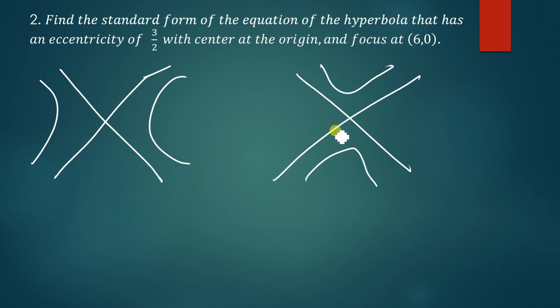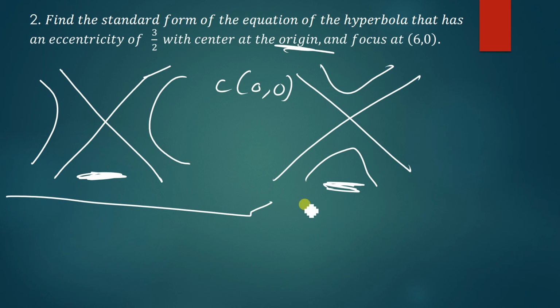The first thing you need to do is write down the equations. We've been told that the center is at the origin, so our center is 0,0. Now how do we know whether this is the type of geometry we're talking about, or it's this one? Let's write the equations down.